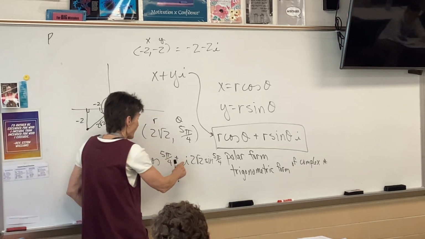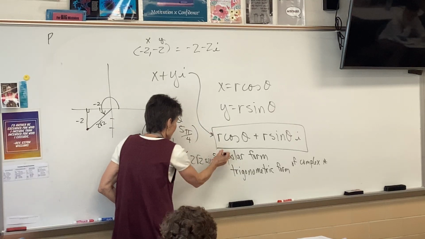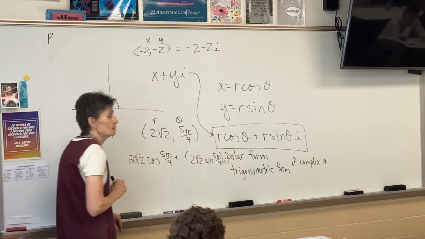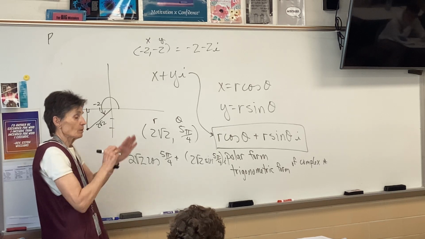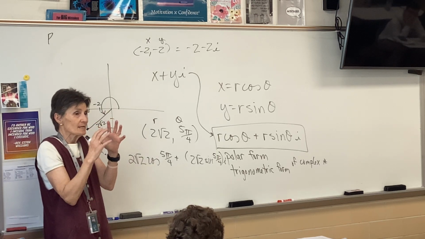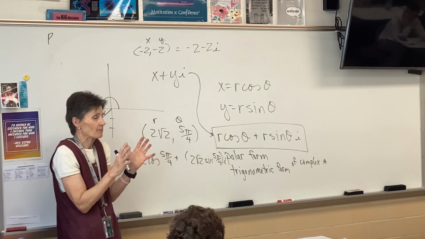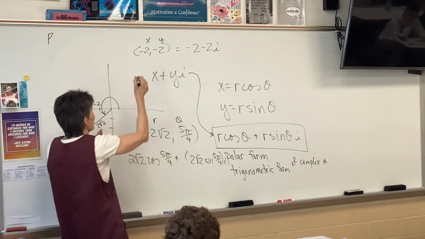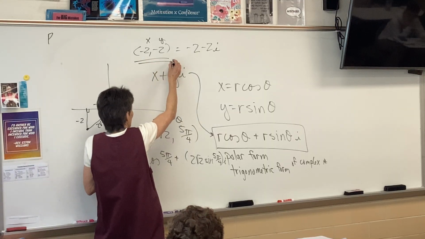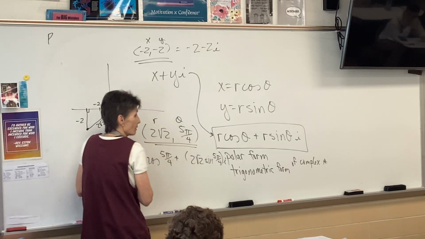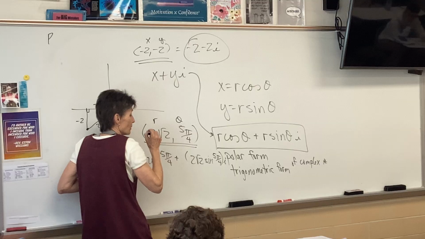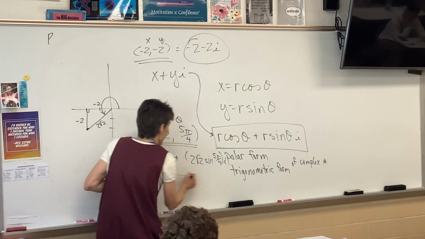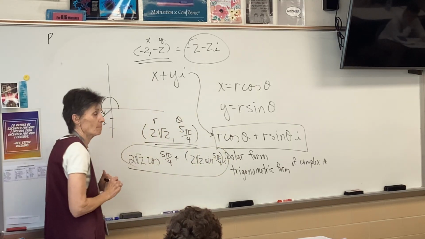If you put the i at the end, make sure you have this in parentheses. The point I want to make is, it looks different, but it's the same math. This ordered pair corresponds to this ordered pair. This complex number corresponds to this complex number.